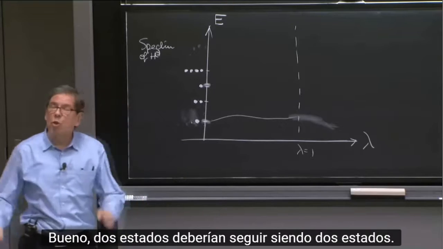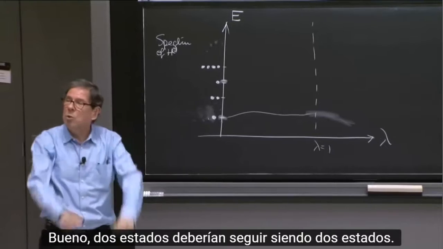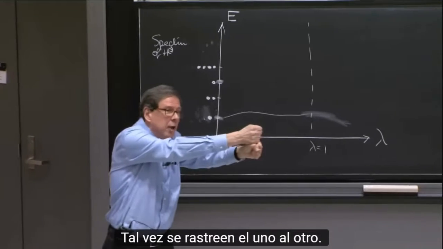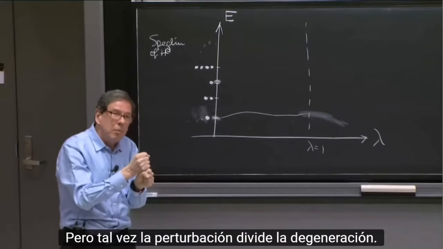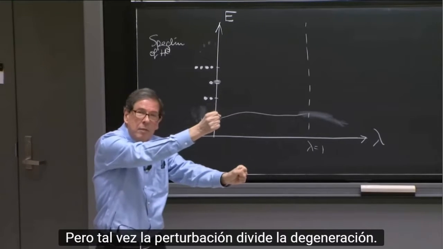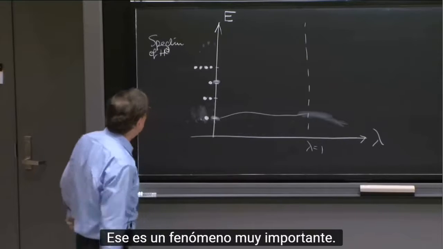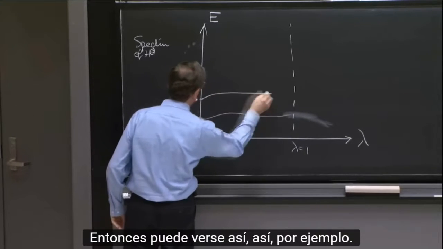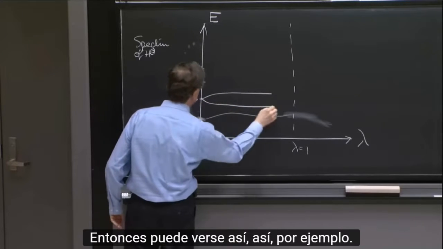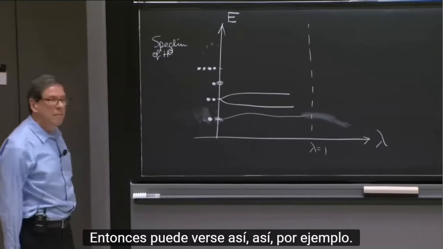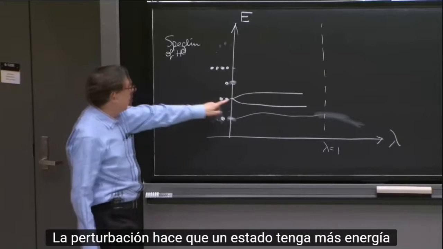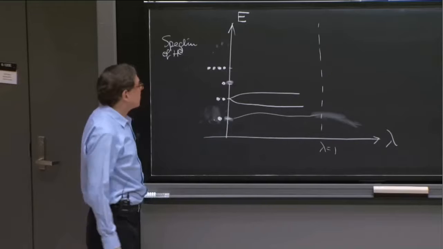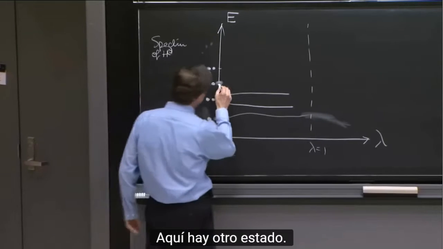Well, two states should remain two states, and their energies, what will they do? Maybe they'll track each other, but maybe the perturbation splits the degeneracy. That's a very important phenomenon. Let's assume it does that, so it may look like this. Like that, for example. The perturbation makes one state have more energy than the other. Here is another state.